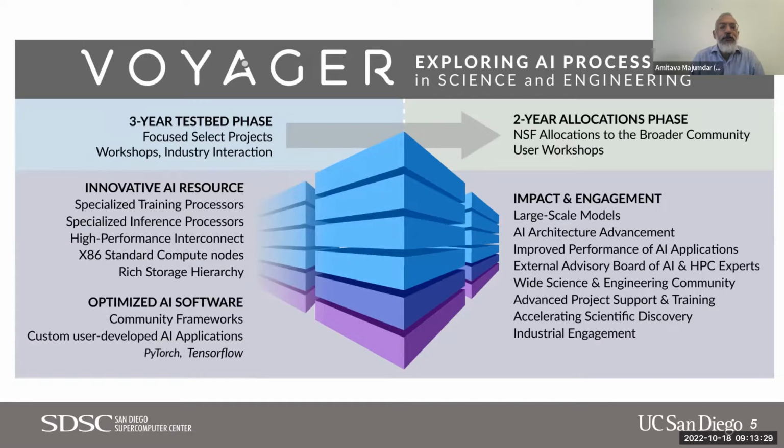So in the first 3 years, we are deciding which are the appropriate applications. The machine is not huge, it's a moderate size machine. And however many users we can have deep engagement with, given how much support we have within SDSC, although NSF is funding us to do this kind of work, the funding is not unlimited. And we want to make deep engagement with some user groups.